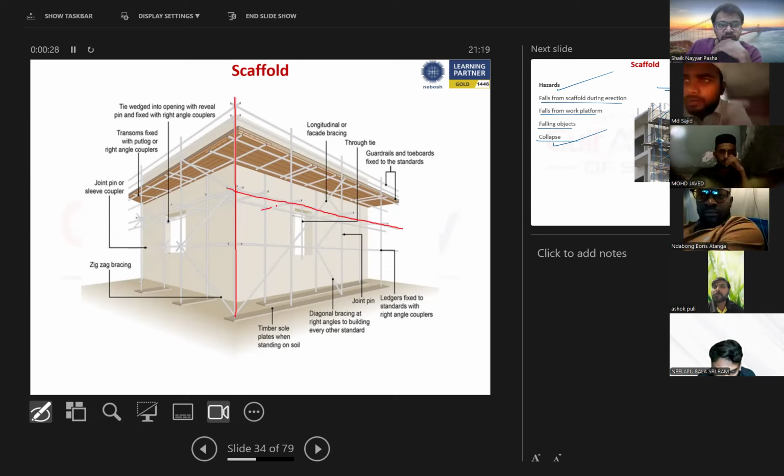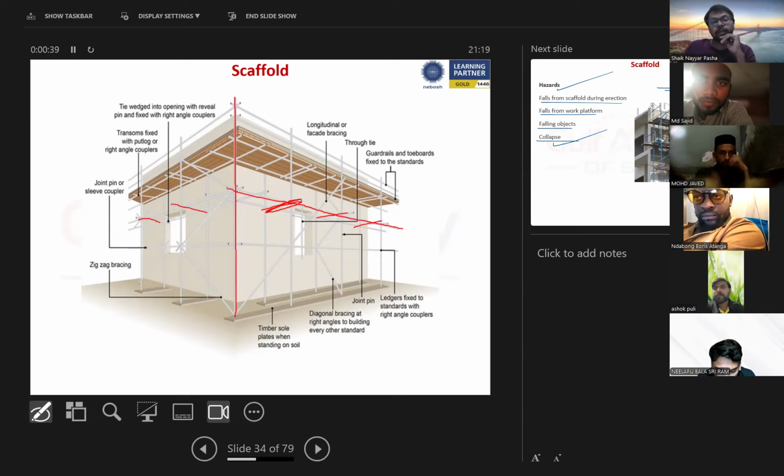And these short horizontal tubes across the ledgers, these are called transoms. Short horizontal tubes. And the diagonal tubes, these are called bracing. This diagonal tube is called bracing of the scaffolding.